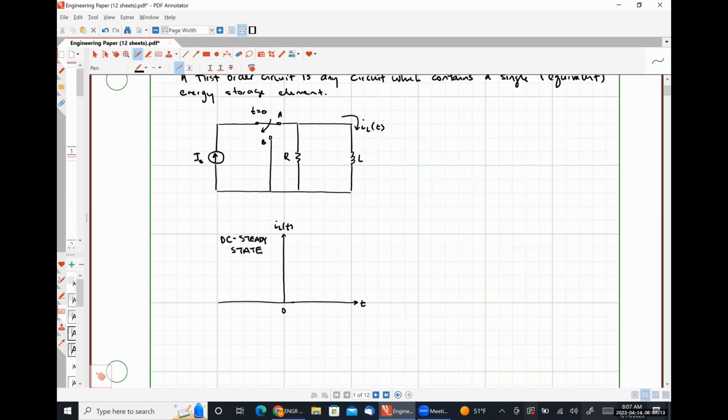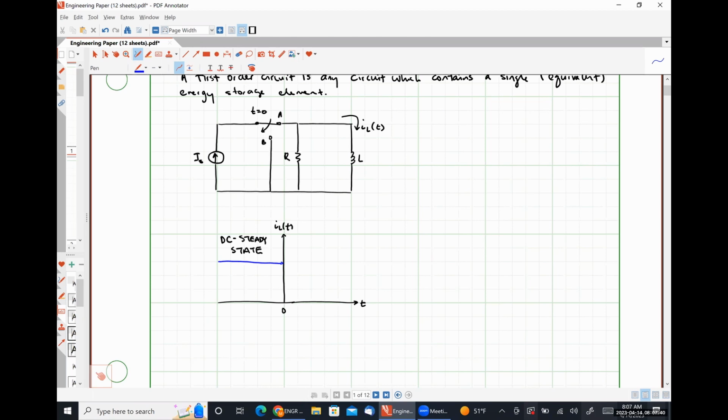And so all of the current IS will flow through the inductor, and that will be the inductor current for all points in time until our switch opens up, right? So we're going to have something that looks like this. We have a constant amount of current up until time t equal to 0.